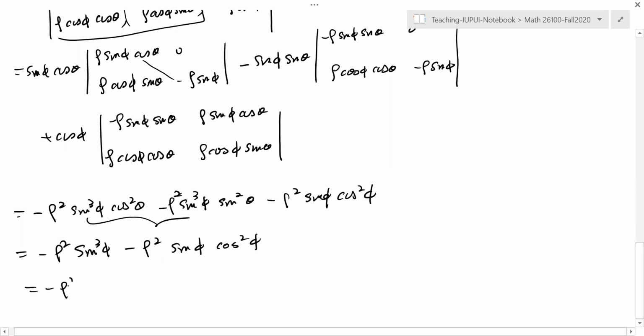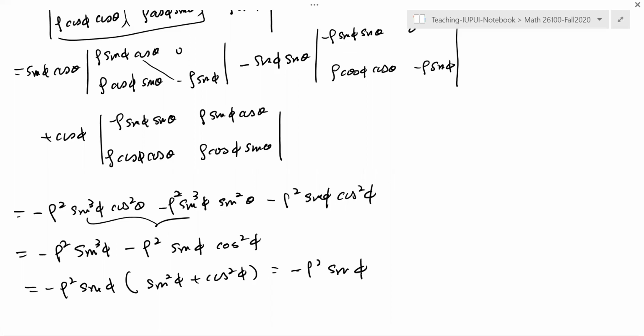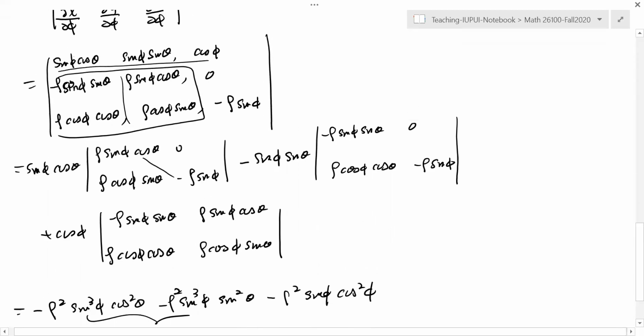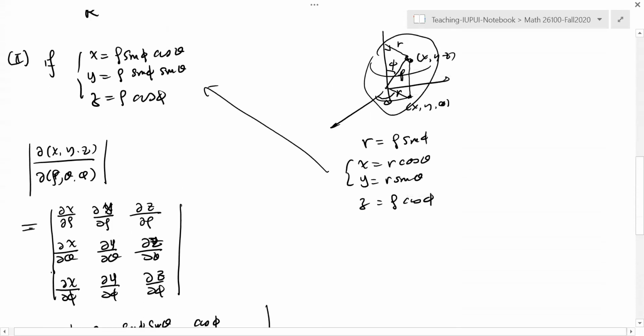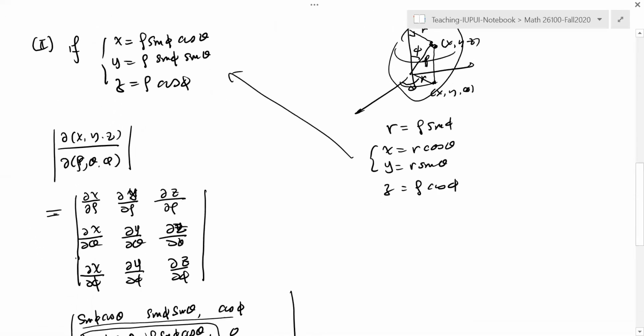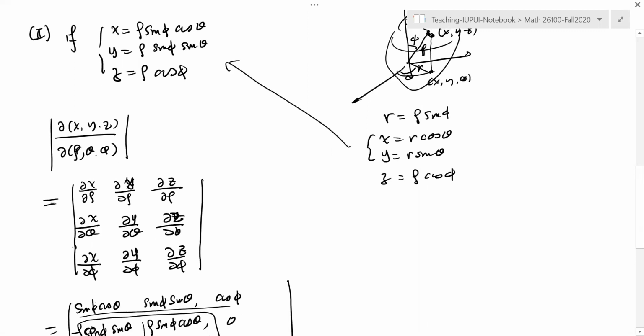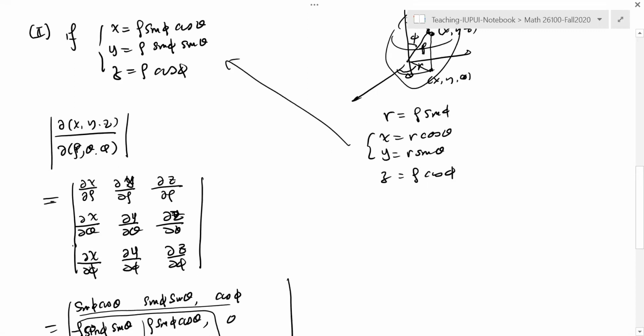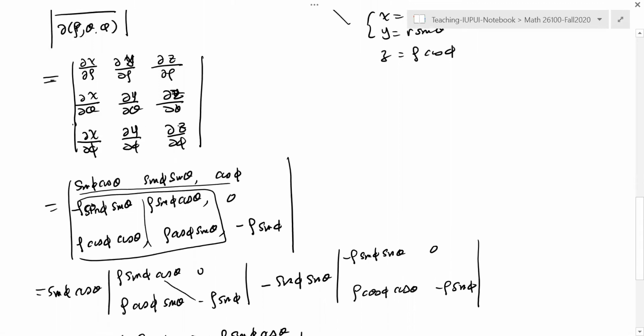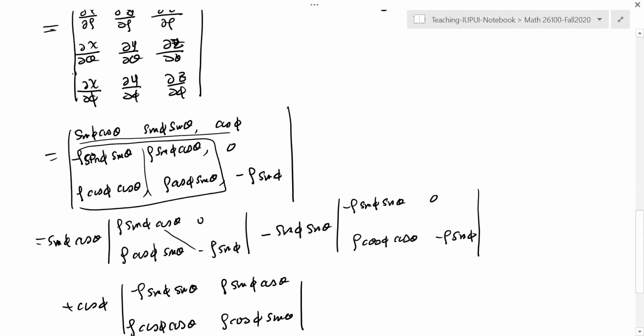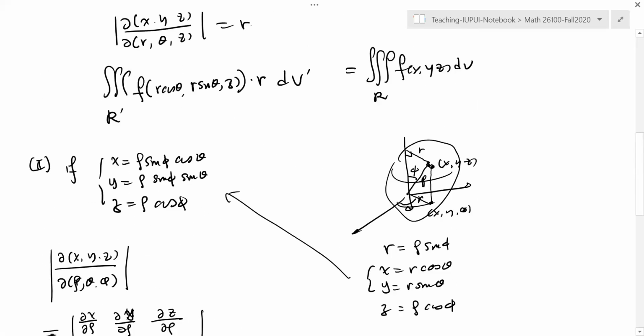Then you take sine phi out. So finally, you will get this term. Now it's negative, right? It's a determinant, so we have to go back to the formula here. This should be the absolute value of the determinant, and mine depends on which order you define the derivative. So I should put another bar here.